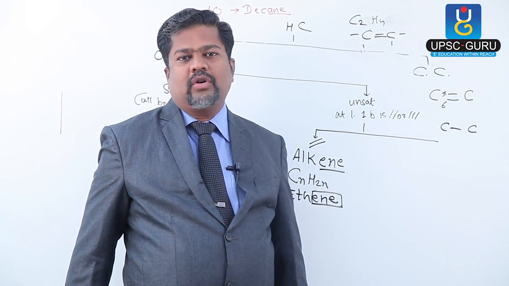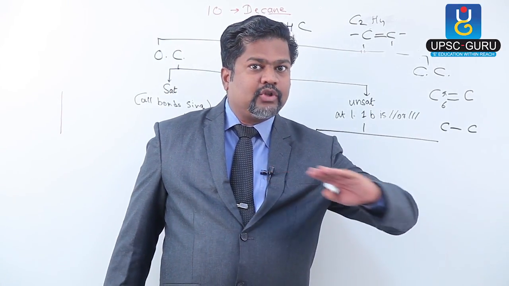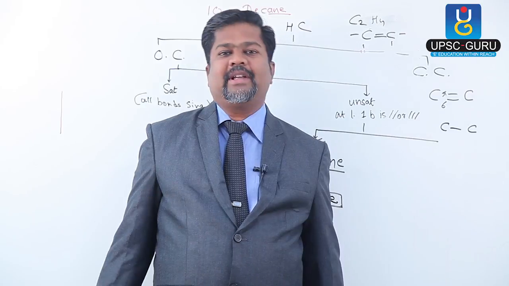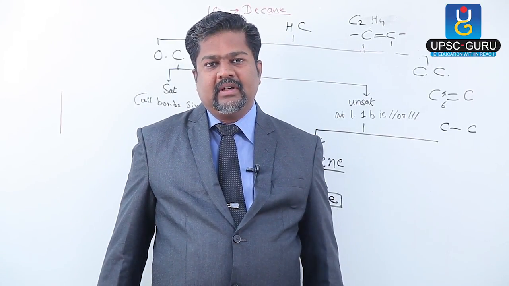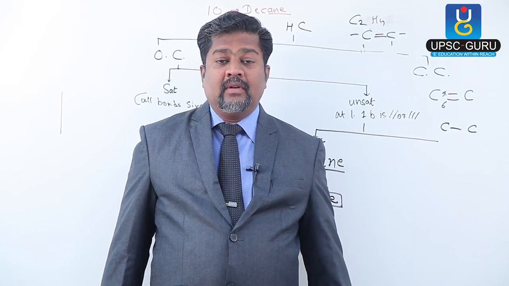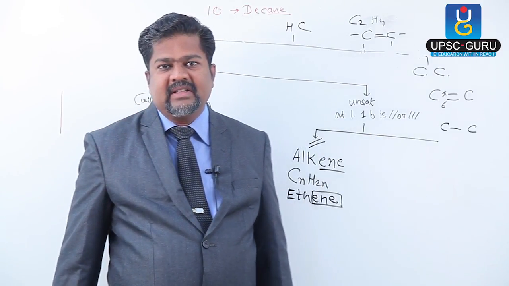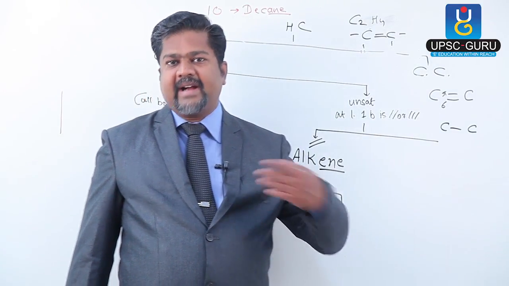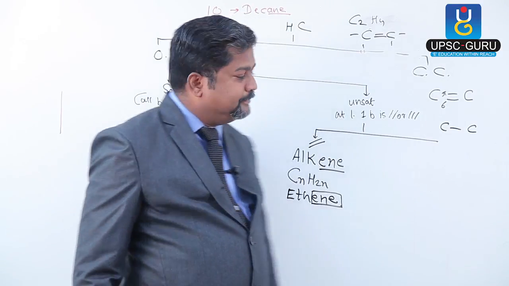So alkanes are not showing that reactivity. You may say methane we are using as fuel. It is combining with oxygen and giving us carbon dioxide plus water. It is shown, but it is not very reactive, whereas alkenes are somewhat more reactive than alkane.